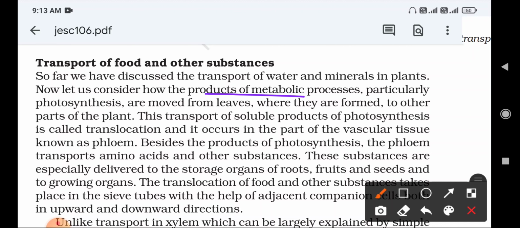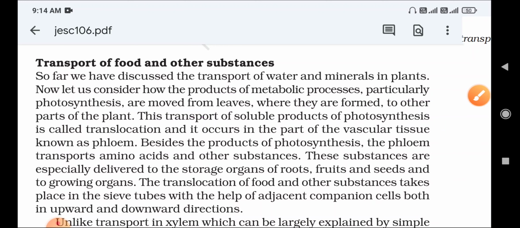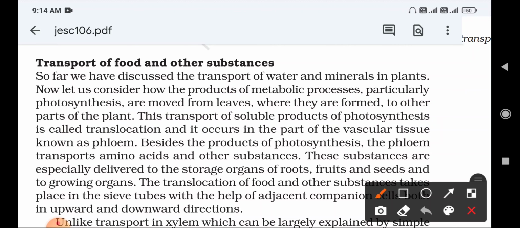The products of metabolic processes, particularly photosynthesis, are moved from leaves where they are formed to other parts of the plant. This transport of soluble products of photosynthesis is called translocation. Again, an important definition. What does translocation mean? You can write: by the help of the translocation process in highly organized plants, food particles are transported to the different parts of a plant.